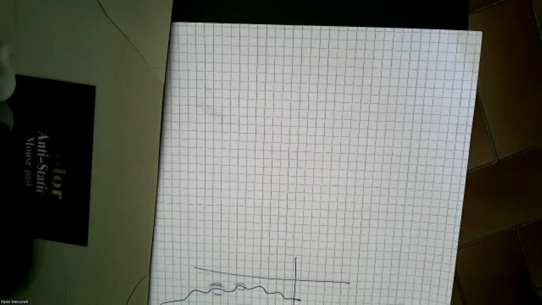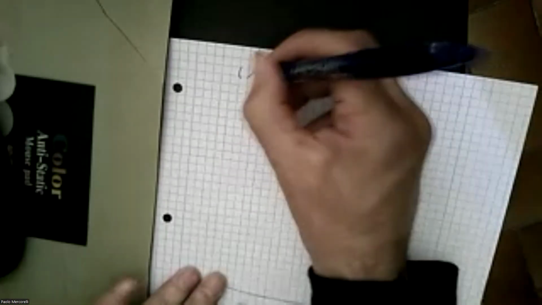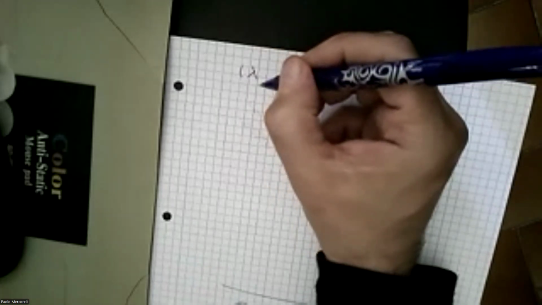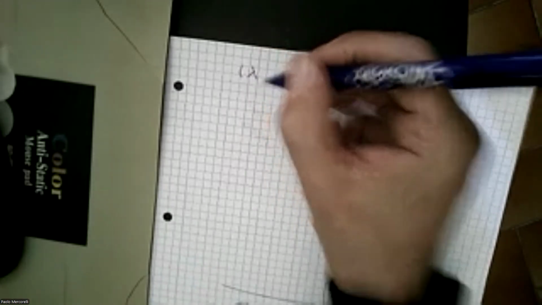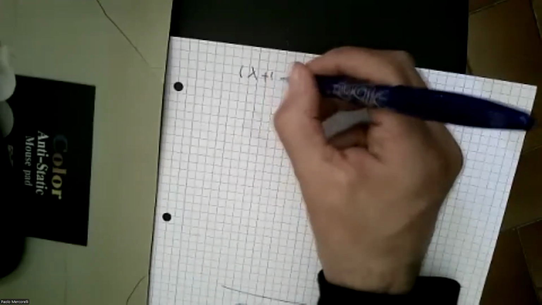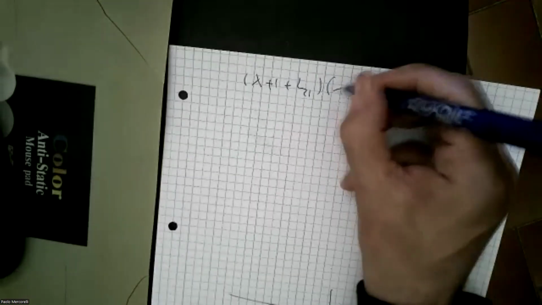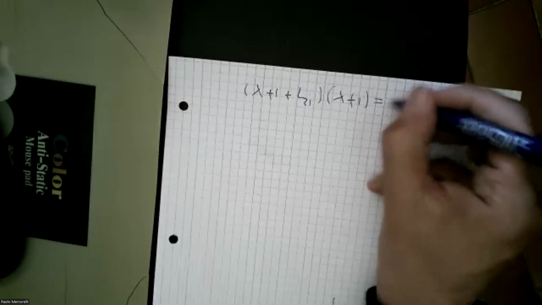I have some problem with the connection. Okay, we have something like that. Lambda, plus 1, plus L2. I sketch, and next week I will be a little bit more precise, but this is the concept I would like to show you now.